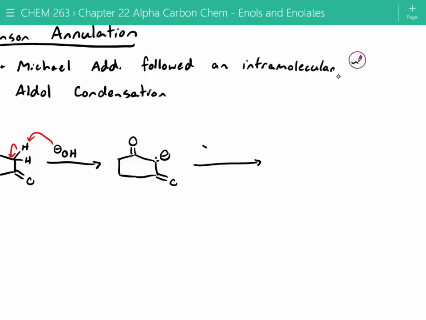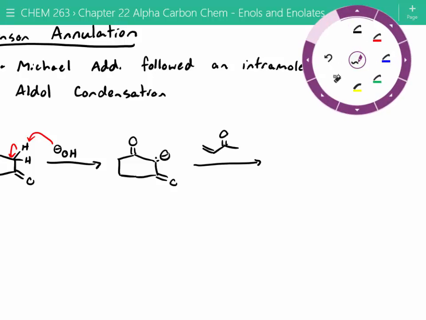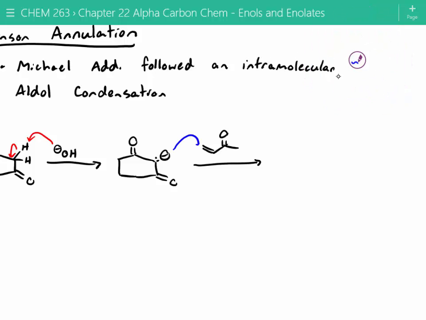So in this case, I'll use this as our Michael donor. And again, let me keep it red. This will attack our beta position, clamp down, and kick up electrons.